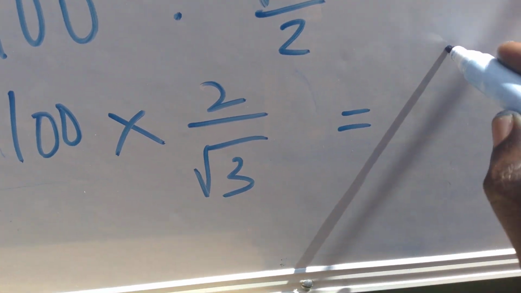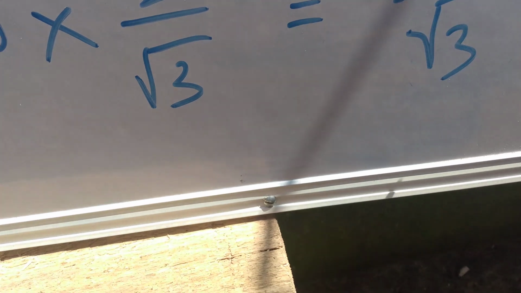This is 100 times 2, which is 200 over root 3.